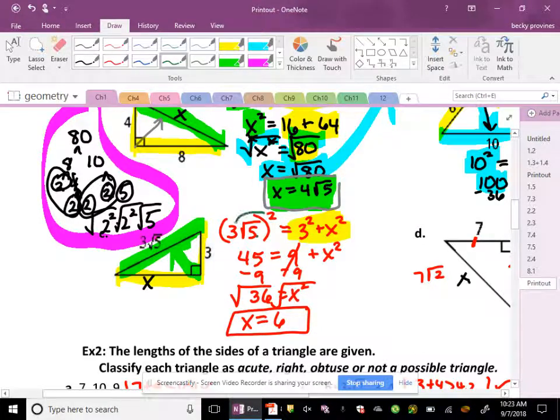So technically, the 2 is squaring the 3, and the 2 is squaring the root. So you have to use brackets or parentheses or something. So be careful. This is a place where people goof up. If your calculator says 15, it is wrong because you forgot the parentheses.